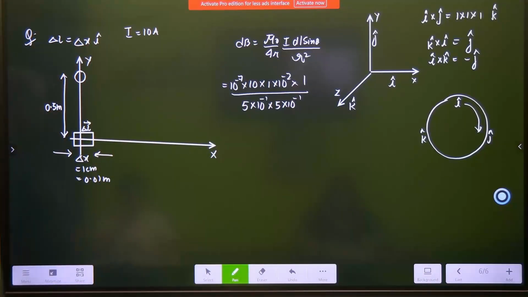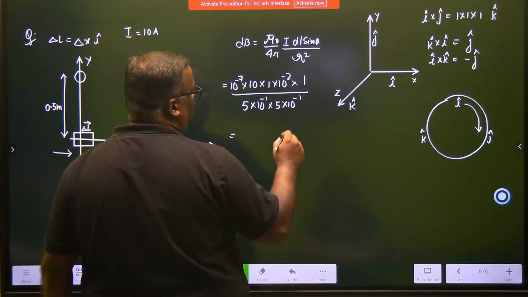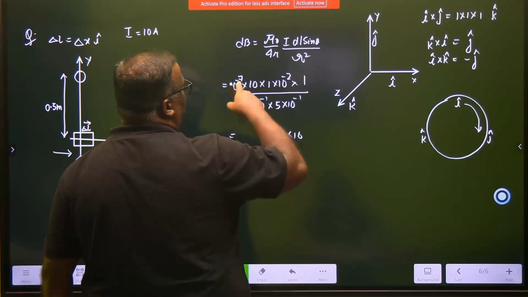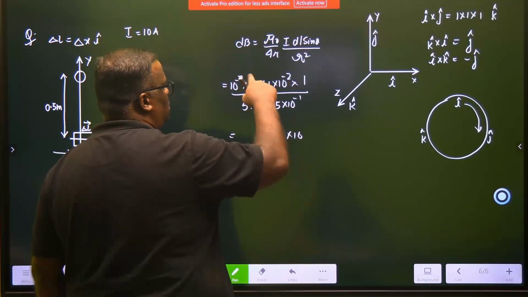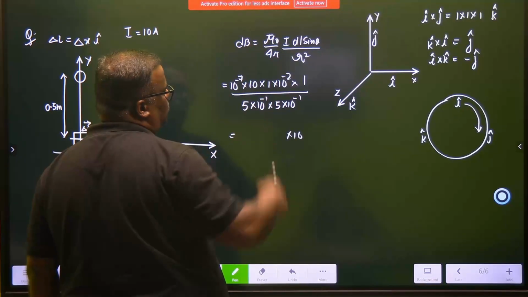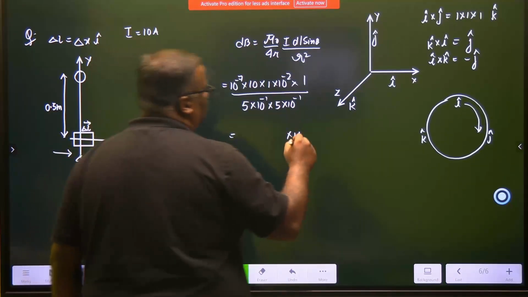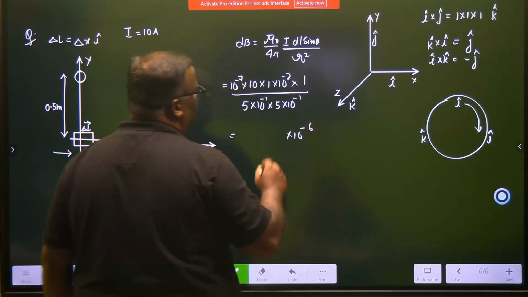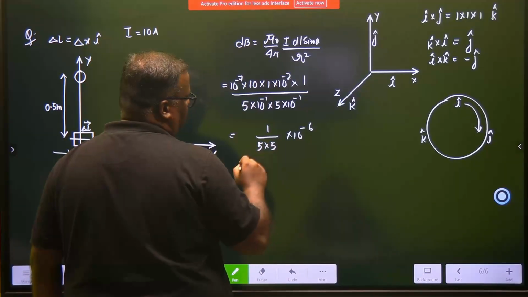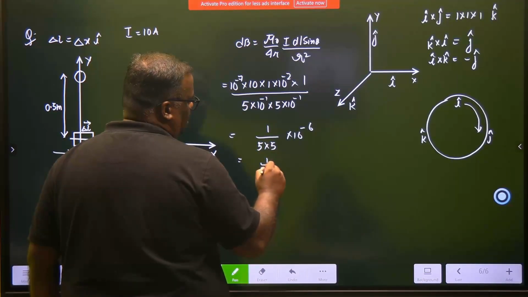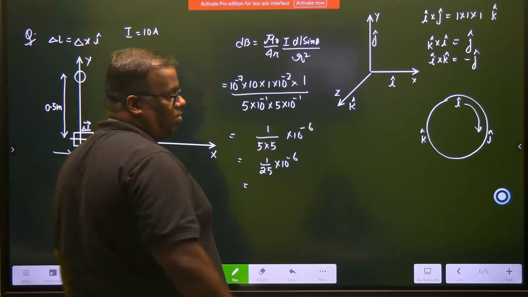Shall we calculate this quickly? Let's take care of all the tens first. 10 to the power minus 7 and minus 2 is minus 9. Minus 9 plus 1 is minus 8. Minus 8 plus 1 is minus 7. Minus 7 plus 1 is minus 6. Minus 6, divided by 5 into 5, which is 1 by 25. 10 to the power minus 6, 1 by 25.